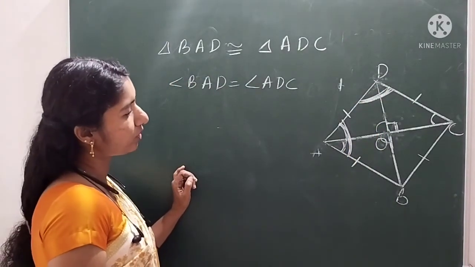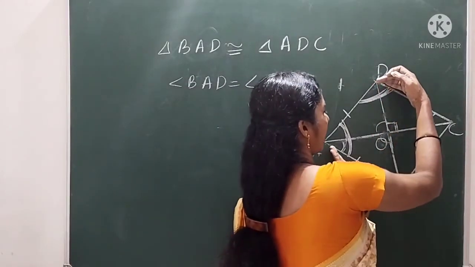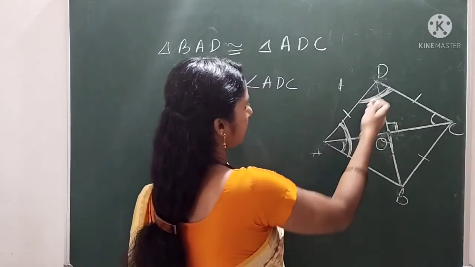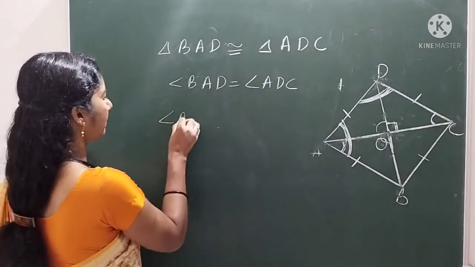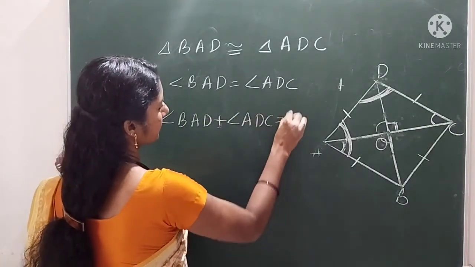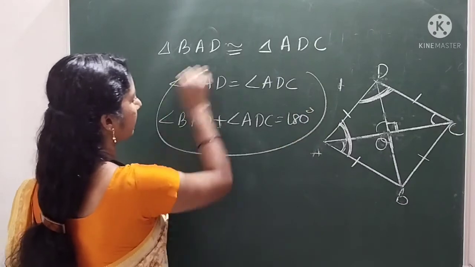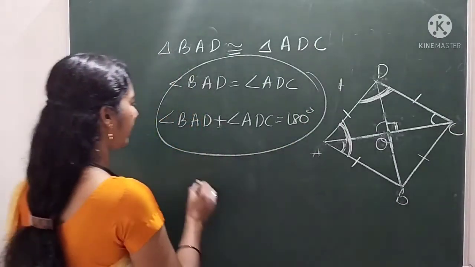Okay. And also we know they are supplementary angles, because two parallel lines cut by a transversal give these two angles summing to 180 degrees. So angle BAD plus angle ADC is equal to 180 degrees. From here we get two angles whose sum is 180 and which are also equal, so each will be 90.